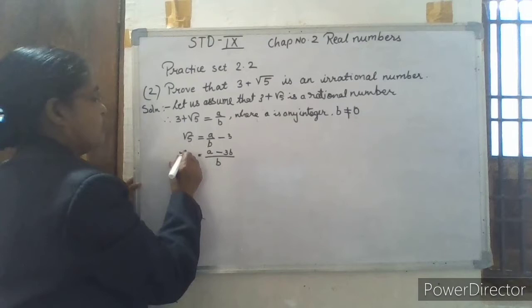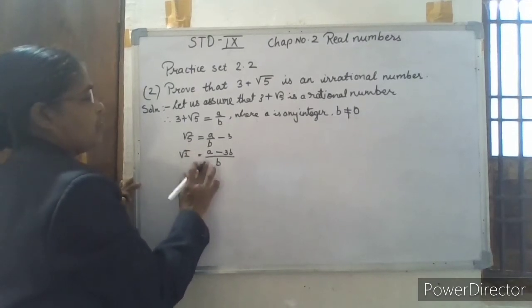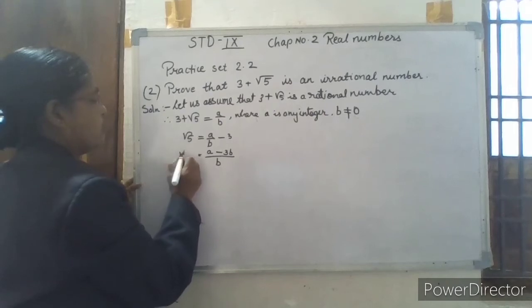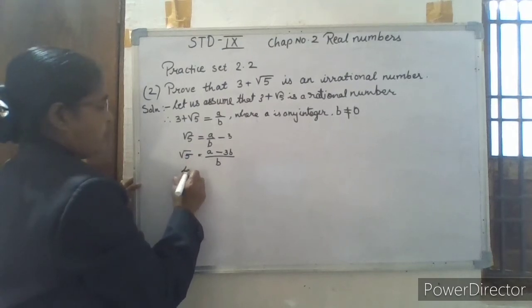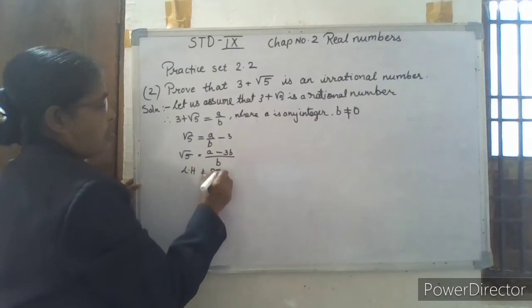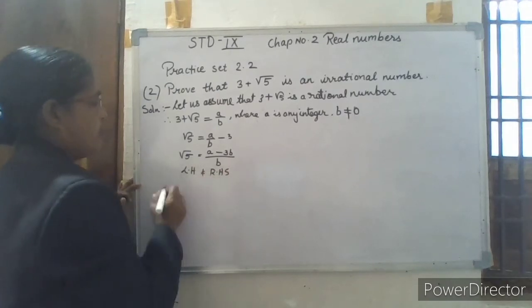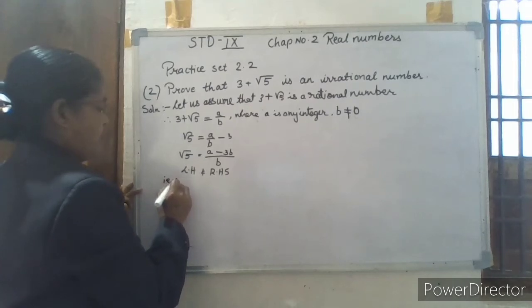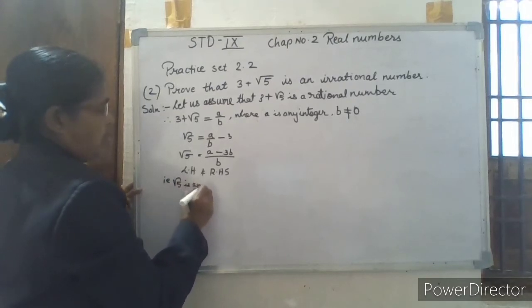So we can say that left hand side is not equal to right hand side. Sorry, this is root of 5. So left hand side is not equal to right hand side. That is, left hand side, root of 5, is an irrational number.